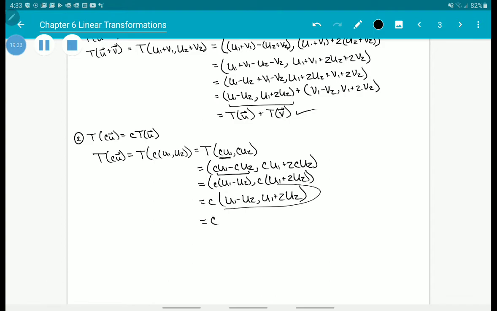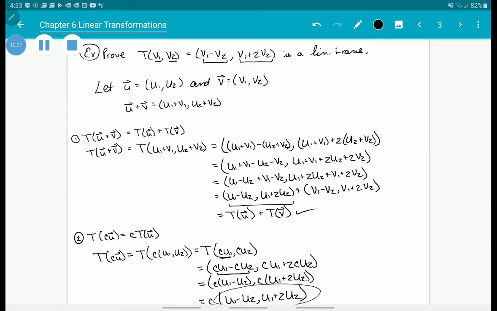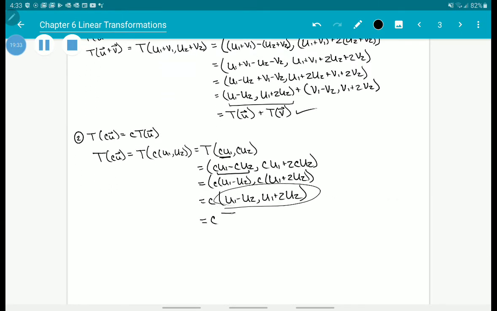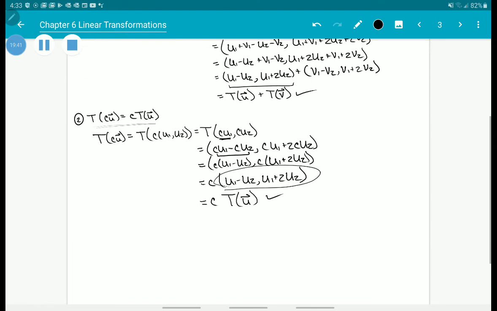And this is the image of vector U under that definition, so that is T of U. So we have proven that second axiom and the first one, which means that this does satisfy that definition.